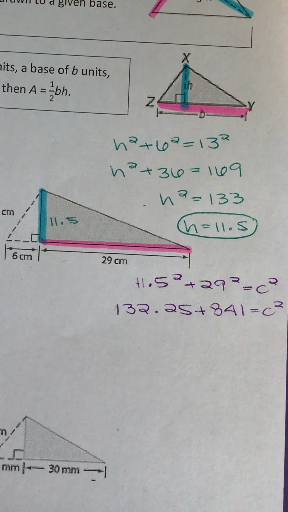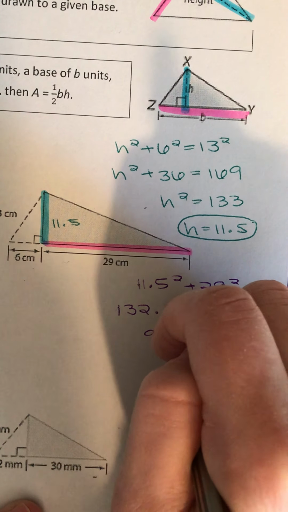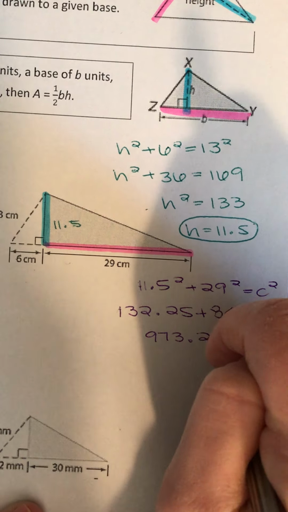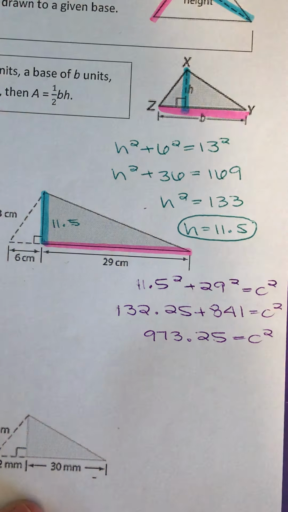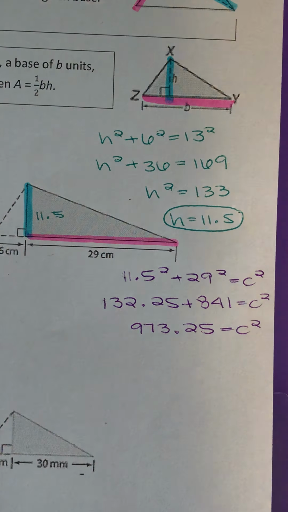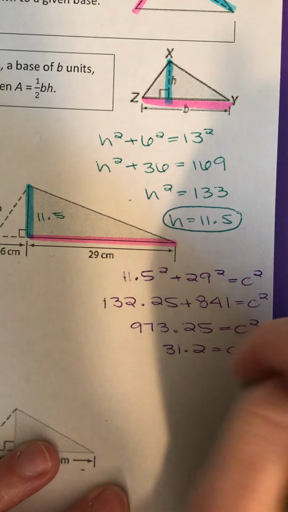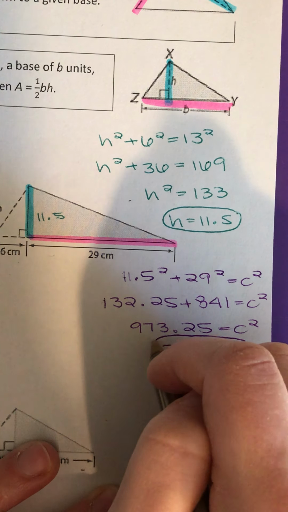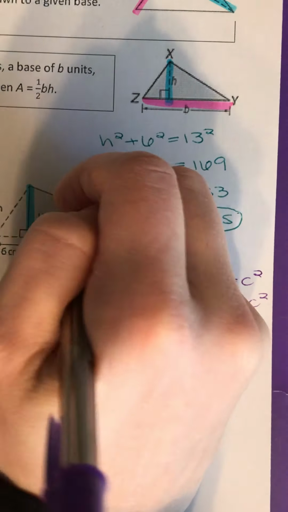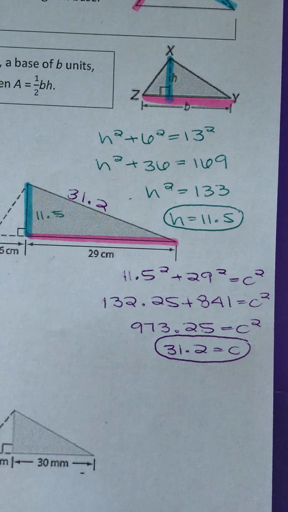I'm going to add those two up. I get 973.25 equals C squared. And the square root of that is 31.2. So my hypotenuse is 31.2.